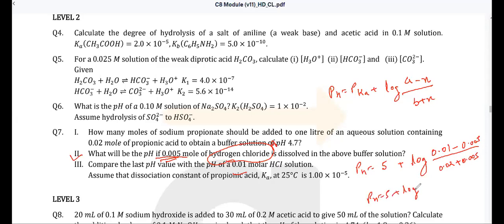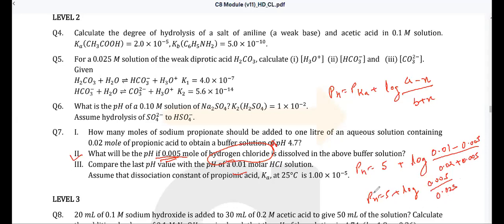I hope all of you can solve this now, which is 0.005 divided by 0.025. So how many times? 5 times, 1 by 5. Log 5, opposite of log 5, so it will be minus 0.7.